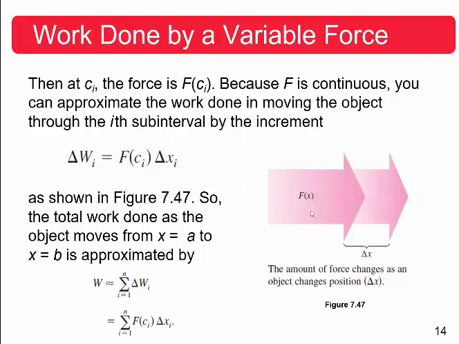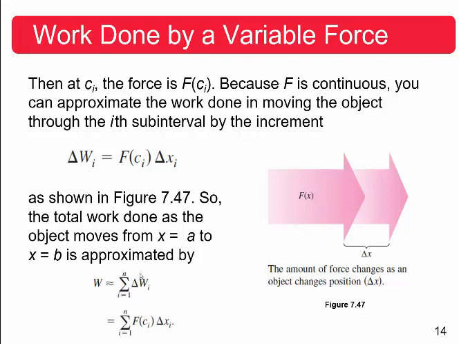As shown in this figure, the amount of force changes as an object moves this delta x. So the total work done as the object moves from x equals a to x equals b is approximately this. The work is the sum of the incremental work done on these intervals, from the first interval to the nth interval.